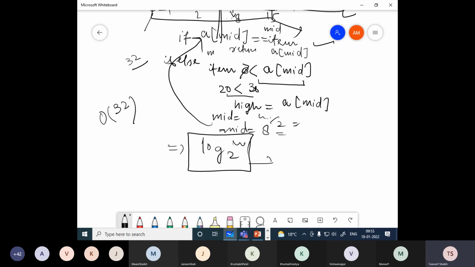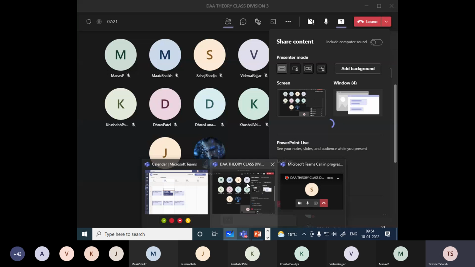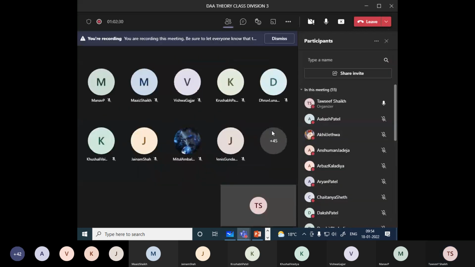Now if the same array is in sorted order and I implement it using binary search, then the number of comparisons which I need in the worst case will be log n to the base 2, that is equal to only 5 comparisons. And this is how algorithms can be designed to decrease the complexity and perform the task which we need.